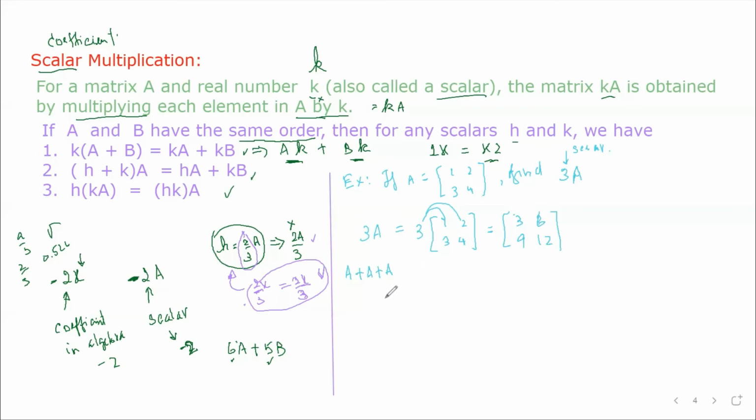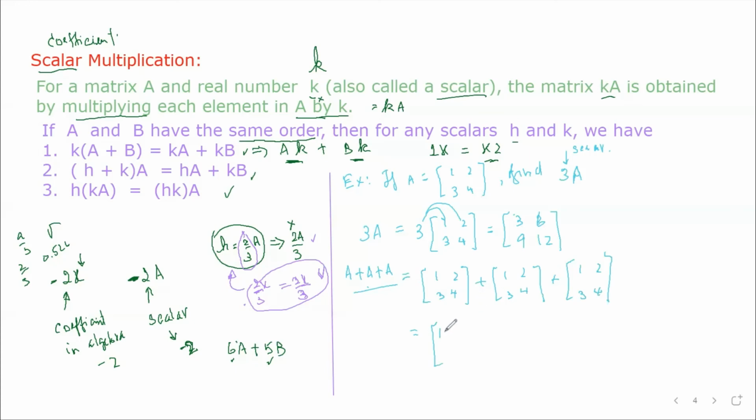Otherwise, if you want to use this pattern, it takes a long time, right? You have to write 1, 2, 3, 4 like this, then plus 1, 2, 3, 4, and then plus 1, 2, 3, 4. After this, you just write the whole thing, 1 plus 1 plus 1 becomes 3.